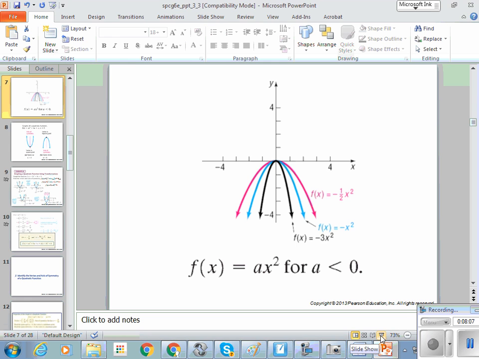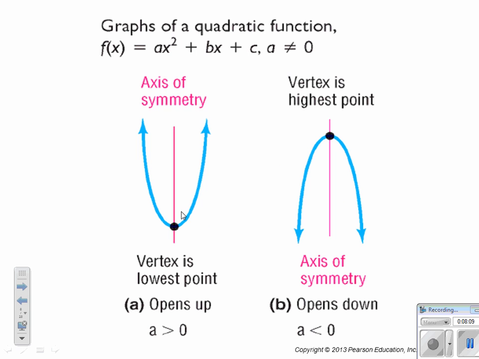Moving along. So a graph of a quadratic function is going to have an axis of symmetry, and it's going to have a vertex, which is either going to be the lowest point if a is greater than 0, or it's going to be the highest point if a is less than 0.